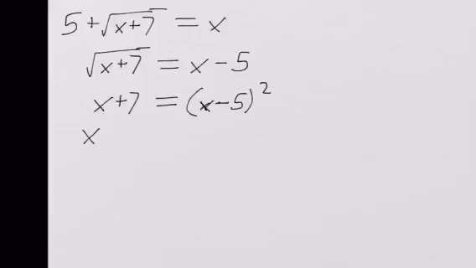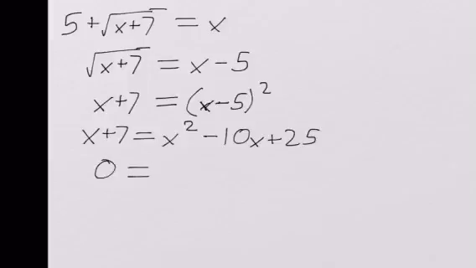So I have x plus 7 is equal to x squared minus 10x plus 25. I'll subtract the x and the 7 from both sides, so I get 0 is equal to x squared minus 11x plus 18. And at this point, you can solve this quadratic any way you want.